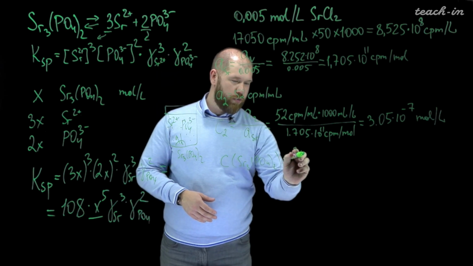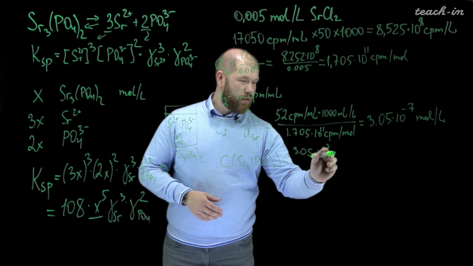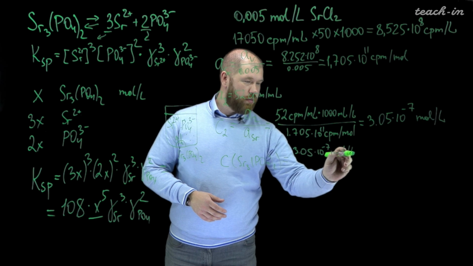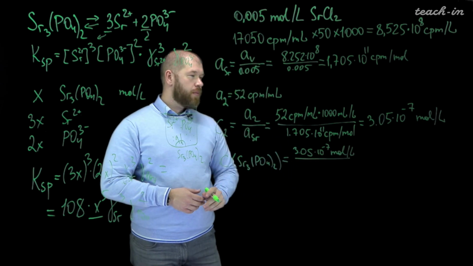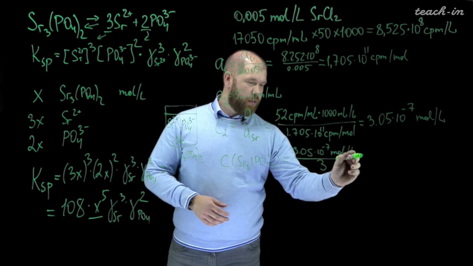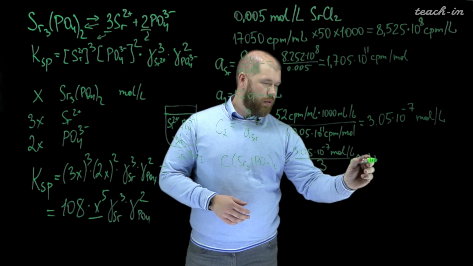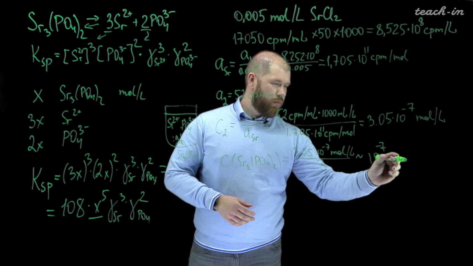So it will be 305 times 10 to minus 7 mole per liter divided by 3. So it will be roughly 1 times 10 to minus 7 mole per liter.